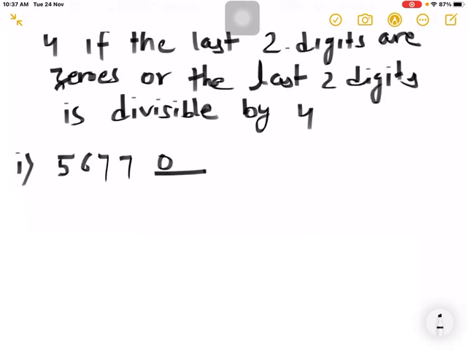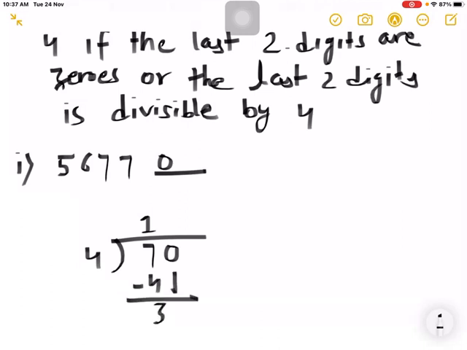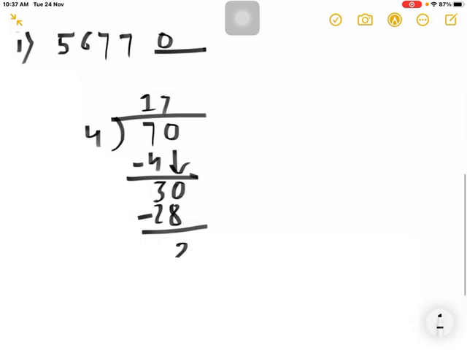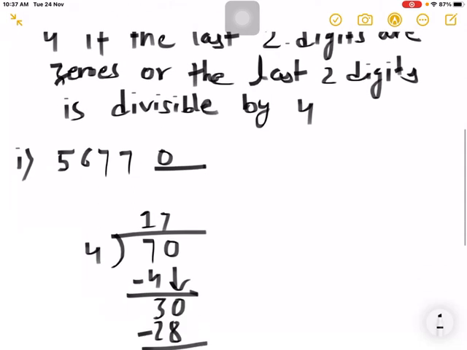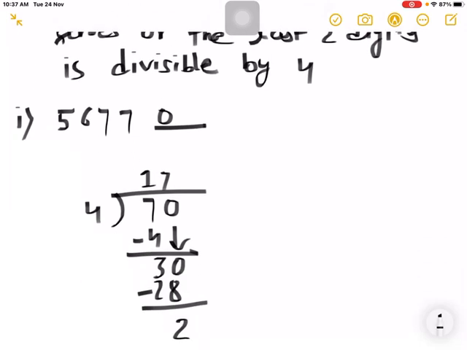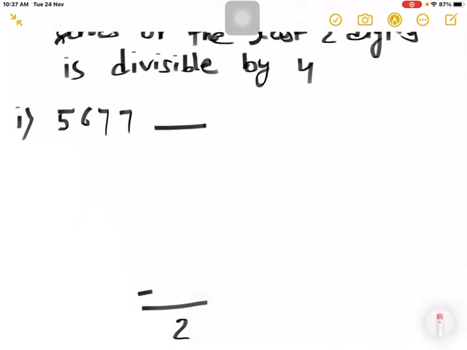If you write 0 here, then let's see, divide here. 4 1s are 4, subtract, it will be 3, then bring down 0, it is 30, 4 7s are 28. See, here comes the remainder 2. So 70 is not divisible by 4, isn't it?